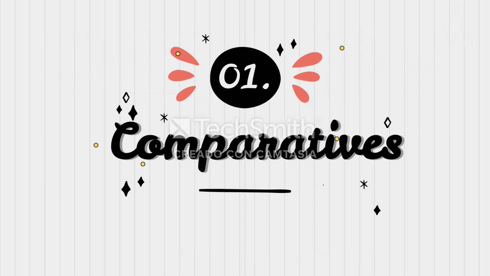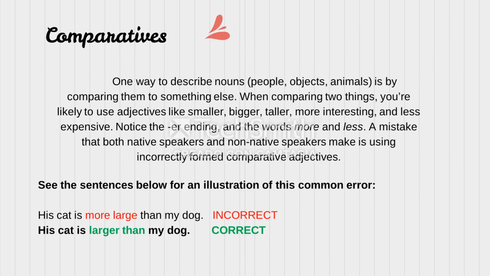Let's explain the comparatives. One way to describe nouns, people, objects, or animals is by comparing them to something else. When comparing two things, you are likely to use adjectives like smaller, bigger, taller, more interesting, and less expensive. Okay?